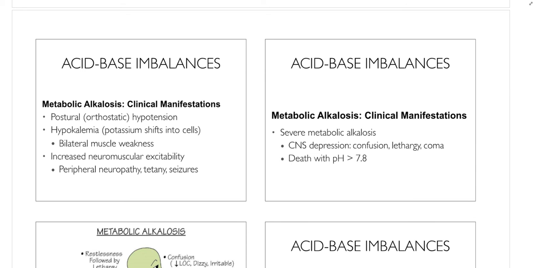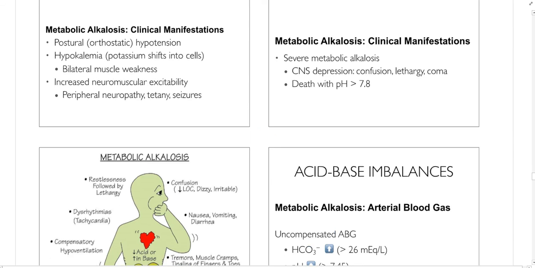I don't know if we will feel paresthesia, but we're going to have neuropathy, tetany, seizures. If it gets severe, then we're looking at confusion, lethargy, coma. And if we reach a pH of 7.8 or above, then we're looking at death.